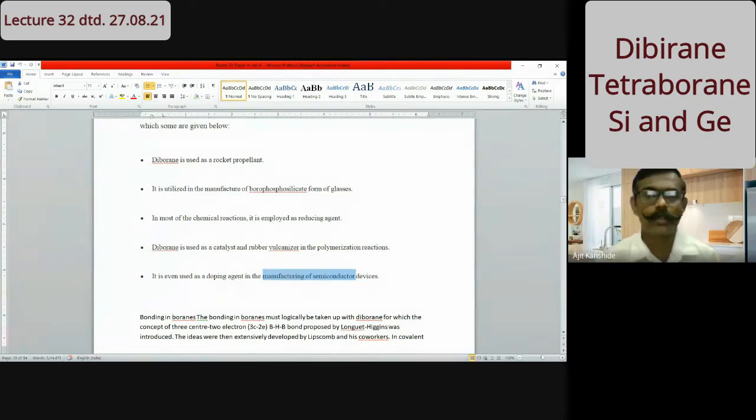Repeat, sir. Okay, see, silicon and germanium are semiconductors, and semiconductivity can be influenced in 2 ways. One, by heating, by increasing temperature. If you increase temperature, the electrons at low energy level will go to the high energy level and can move freely, and because of that conductivity can increase.